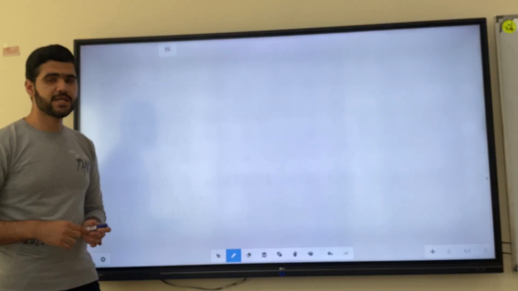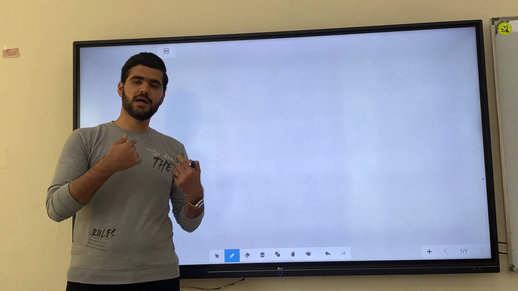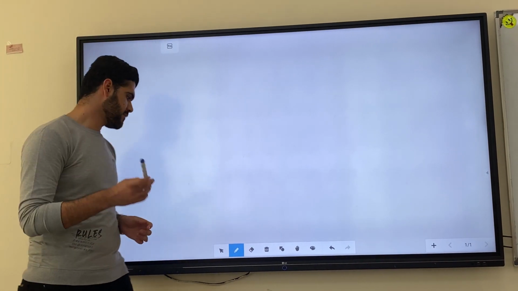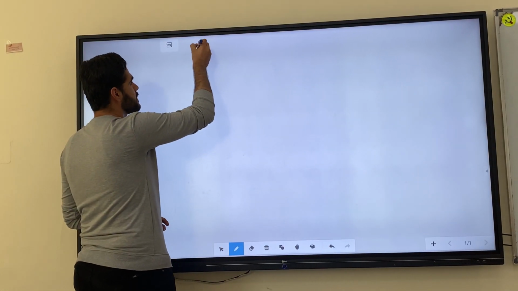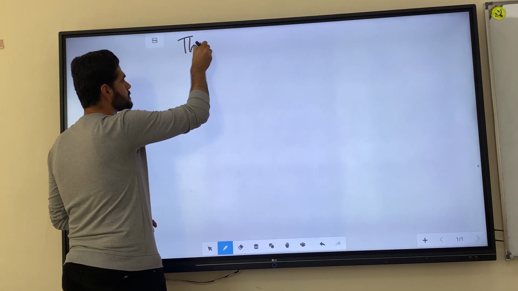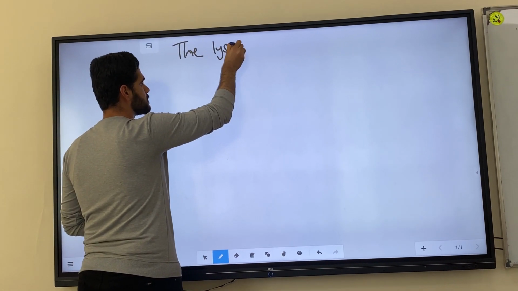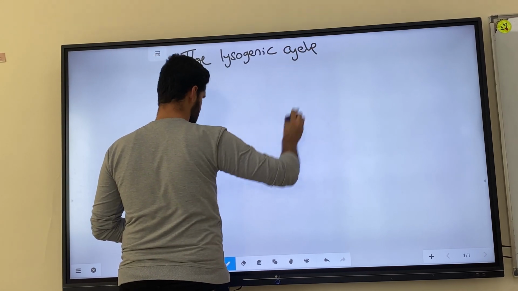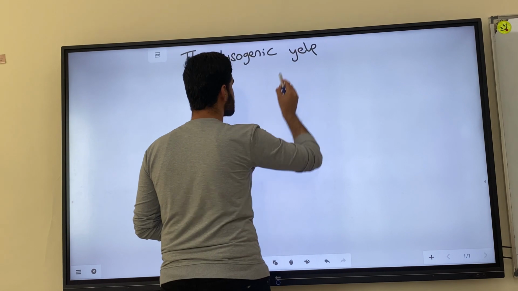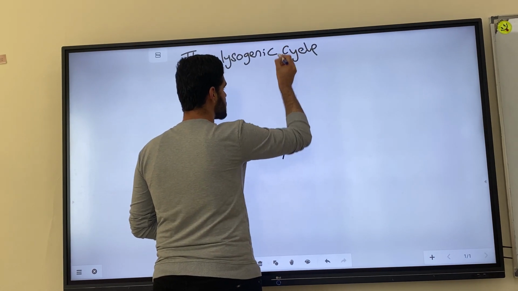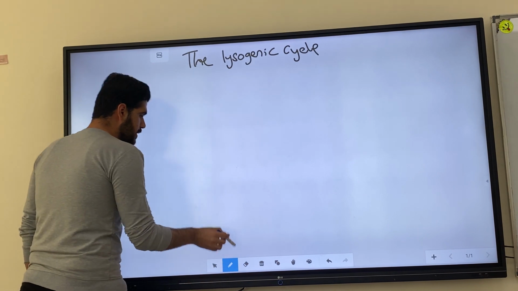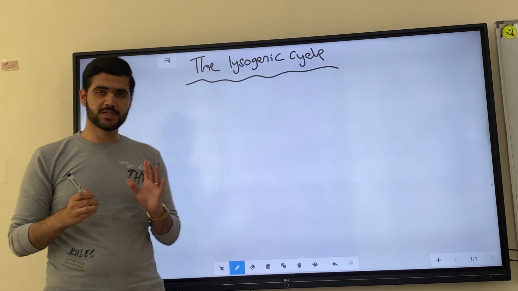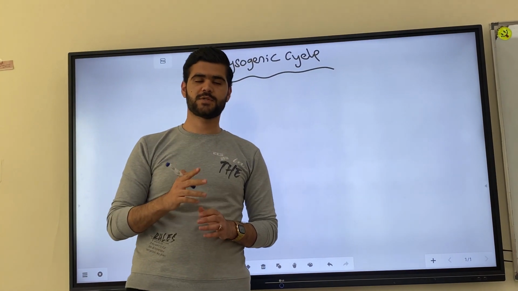But this time, the lysogenic cycle is different. How? After the injection, the virus DNA stays latent inside the cell. I will explain further. The previous cycle was 5 steps, and this life cycle is only 4 steps.